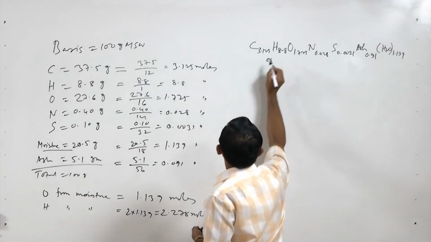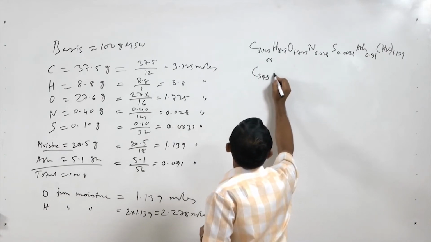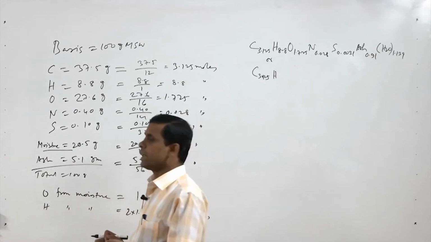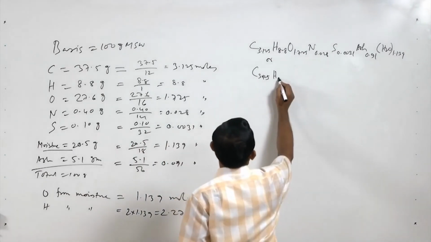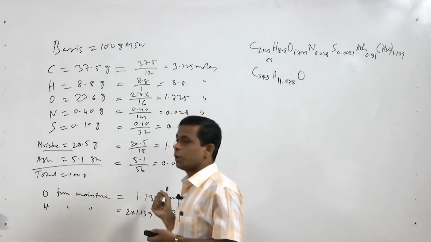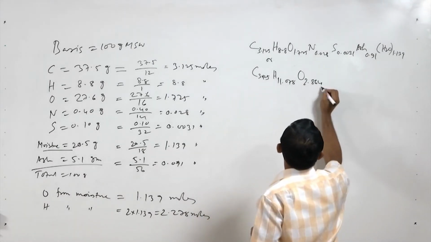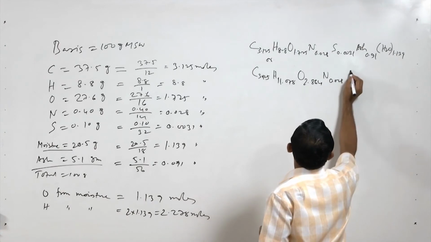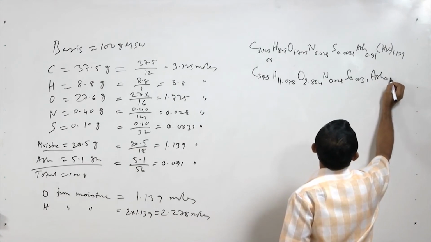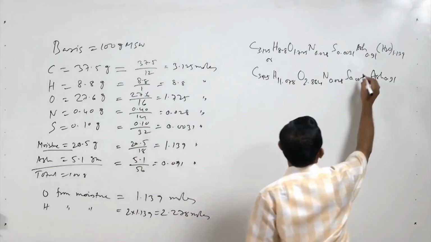Or we can write C 3.125, H 8.8 plus 2.278, that is 11.078, oxygen similarly 1.725 plus 1.139, so it is coming 2.864, N 0.028, S 0.0031, ash 0.091.